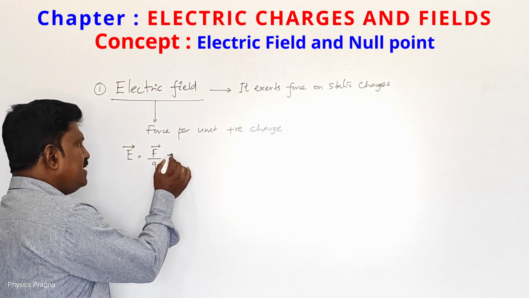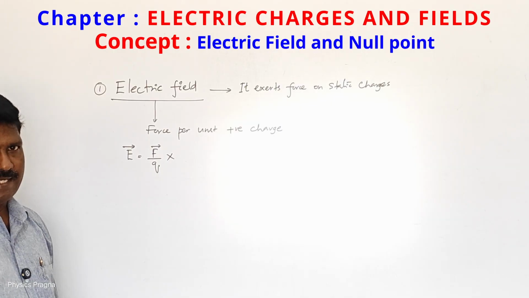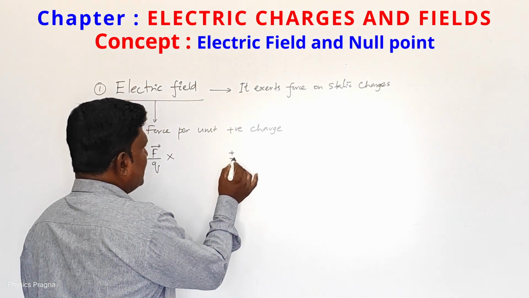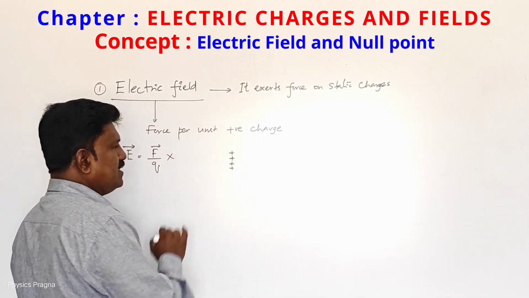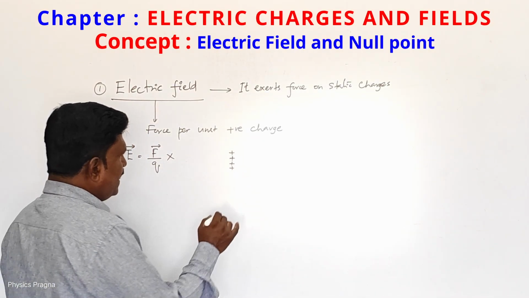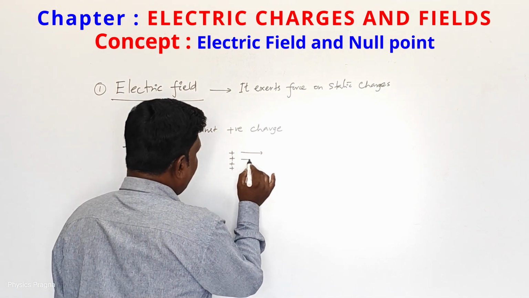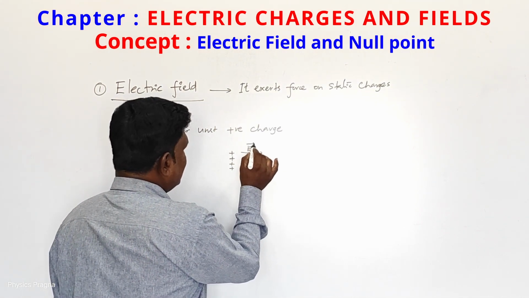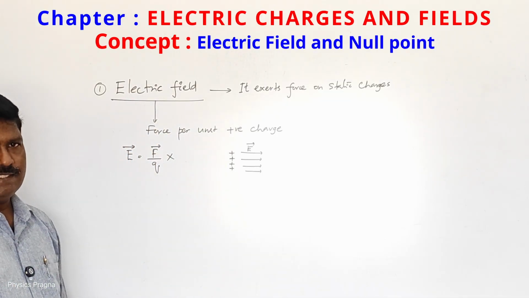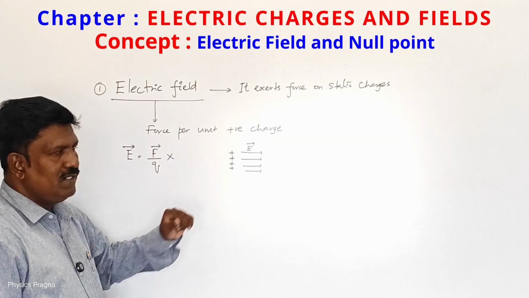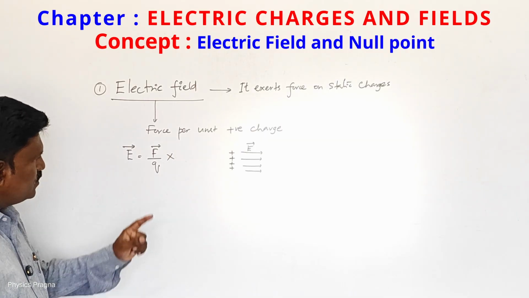But this formula is not 100% correct. Why? Because, let us take a source of charges. Whenever source charges are there, electric field lines spread radially from these charges. This electric field we want to measure.